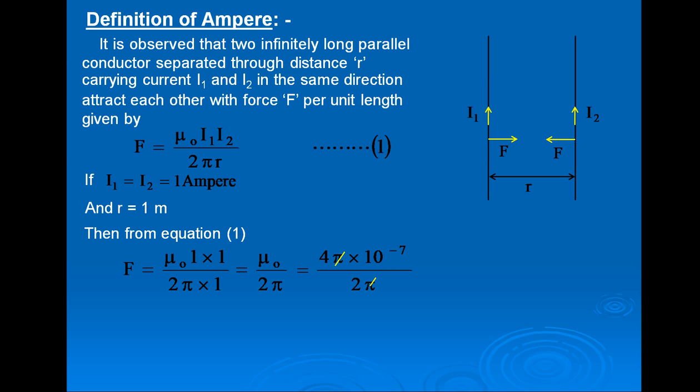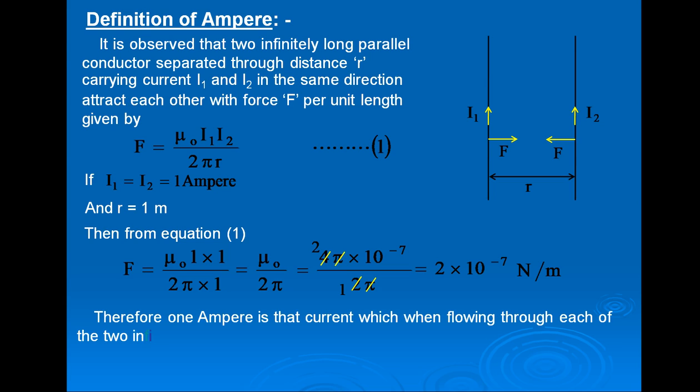Now pi and pi cancel each other, and 4 divided by 2 is 2. So we get F = 2 x 10^-7 newton per meter, as F is the force on unit length.